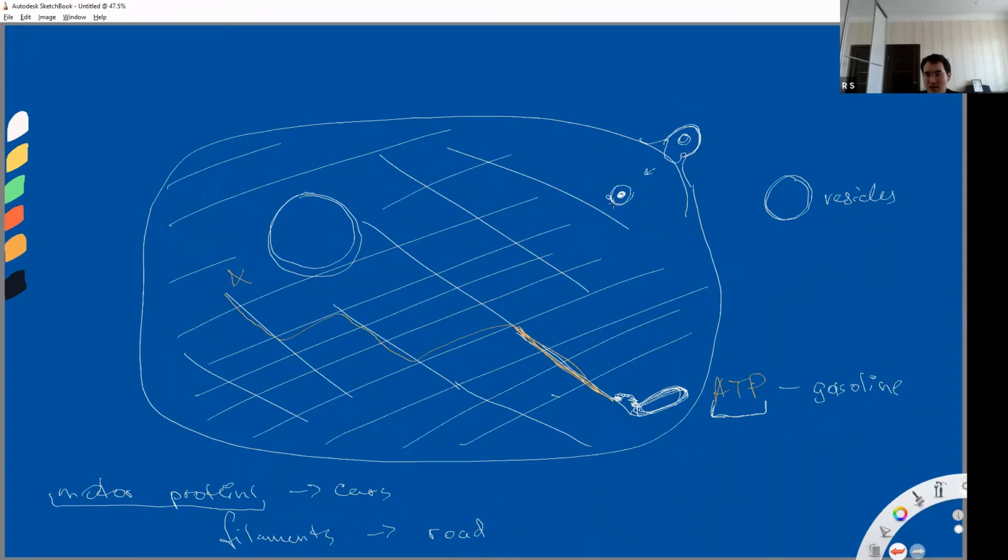This vesicle is attached to the motor protein, and this motor protein starts moving along these filaments and gets to the destination place. Again, using ATP. Don't forget about the ATP. And I hope it was clear.